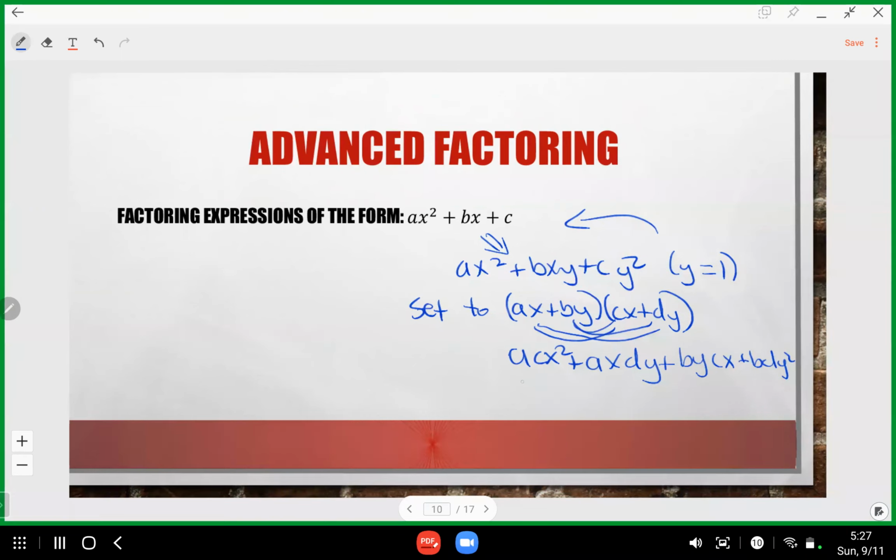This very ugly thing amounts to (ad plus bc)xy plus bd y squared.